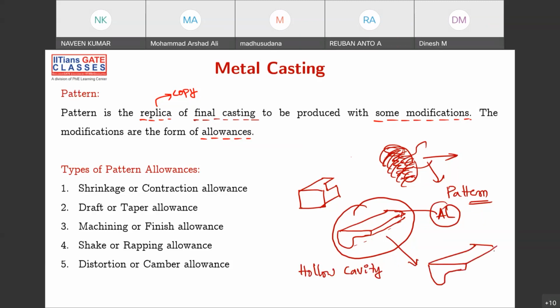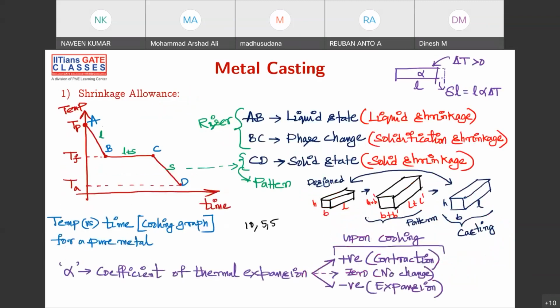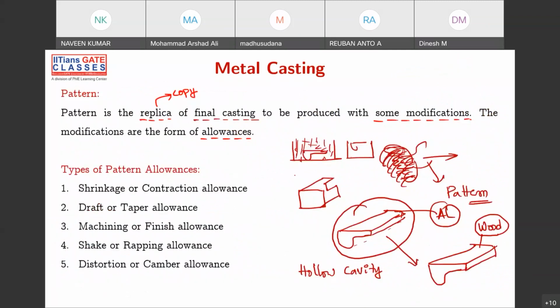And that pattern is made up of different materials. Mostly it is made of wood, generally if you are doing this by sand casting. Now what you do is take this pattern and put it into some kind of box like this, and then you put sand, and then you invert it.